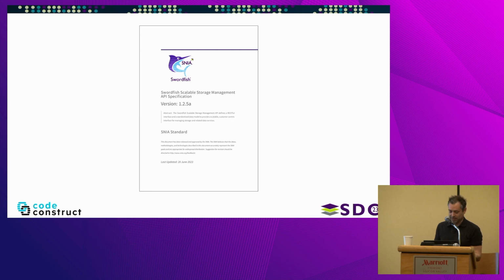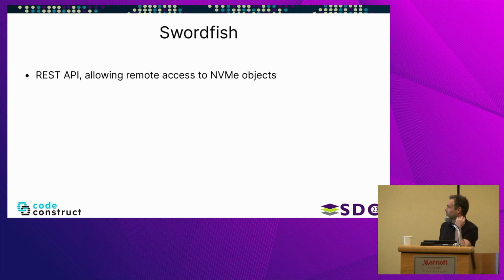I'm not going to go into this too much because I think everyone here is pretty familiar with it, but it gives us a description of an API that works over REST, extending on the Redfish interface, allowing remote access to the NVMe objects that we can now talk to over NVMe-MI, over MCTP, over I2C to the physical devices.